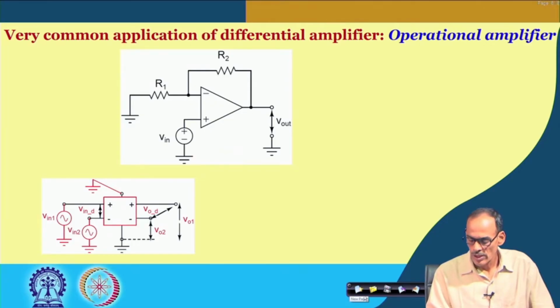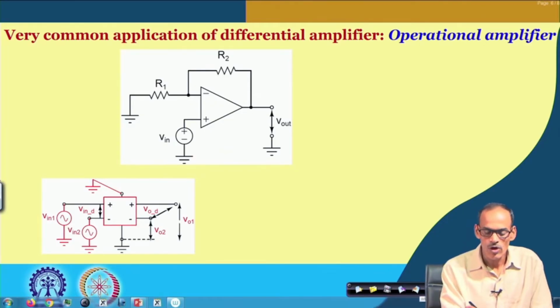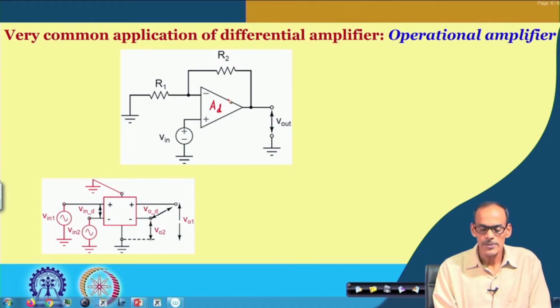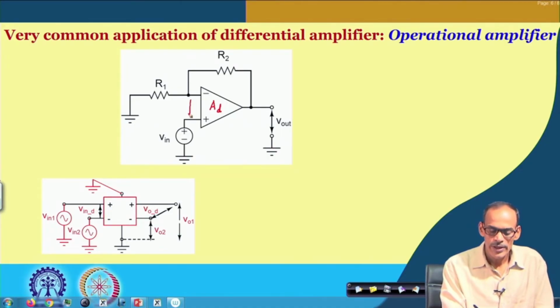Suppose here we have an op-amp having a gain of say A, or in fact strictly speaking a differential gain Ad, and it is defined by its output Vo divided by this differential input Vin D.